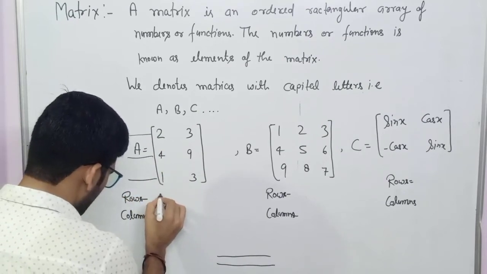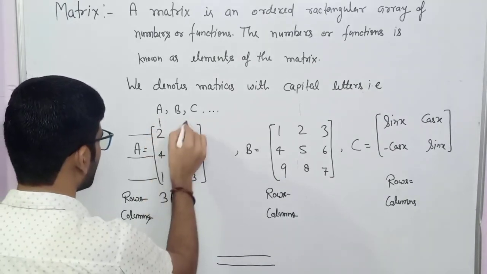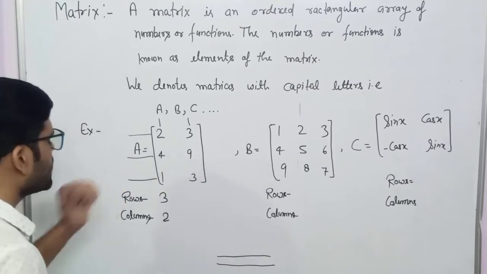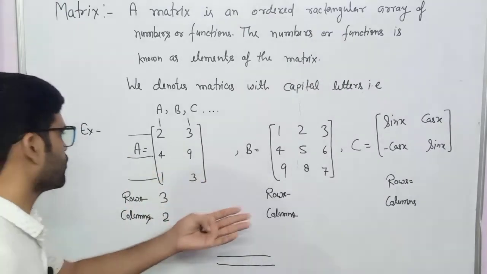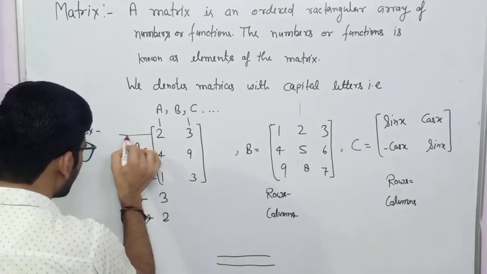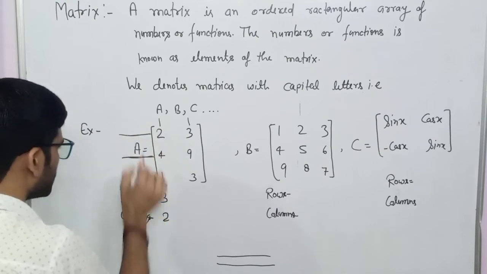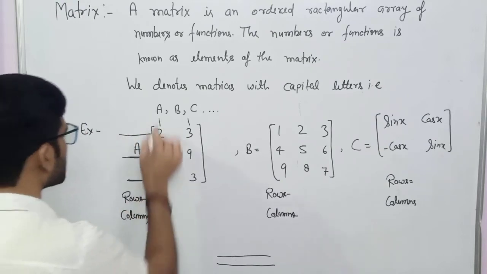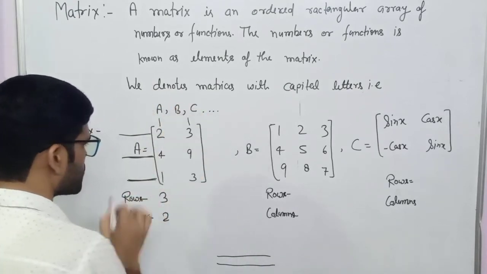So rows equal to 3, and how many columns? 1, 2. Just see the matrix and count how many horizontal rows: first, second and third. So rows is 3, and columns, vertical lines, first, second, so columns is 2.